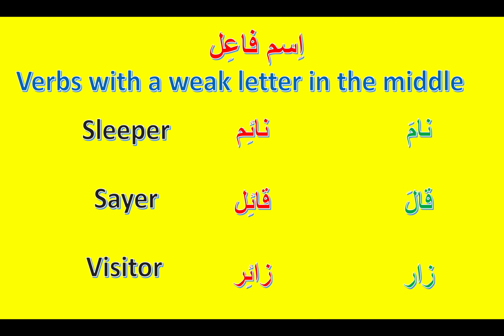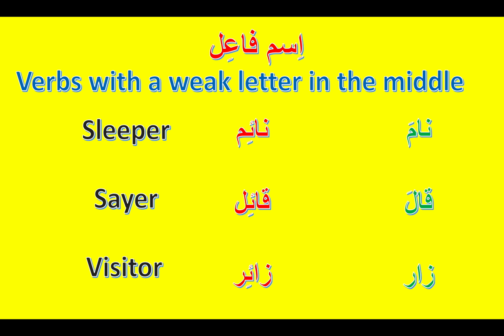Now, how about forming the ism fa'il of verbs with a weak letter in the middle? This is slightly different. So we've got nama, which is to sleep, and the ism fa'il, a sleeper, is na'im.